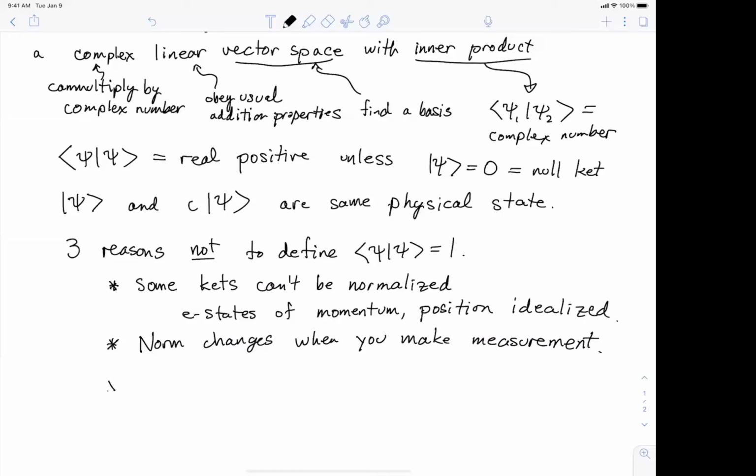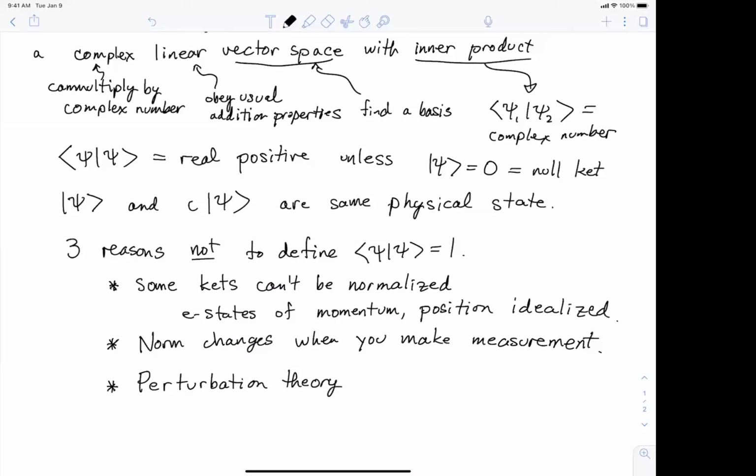Okay, and those are things that we saw in the last semester, but there's one that we will encounter this semester that we haven't encountered yet, and that has to do with a process of perturbation theory. And when we do perturbation theory, we will find out that it is overwhelmingly convenient not to use norm 1, but to use some other finite norm.